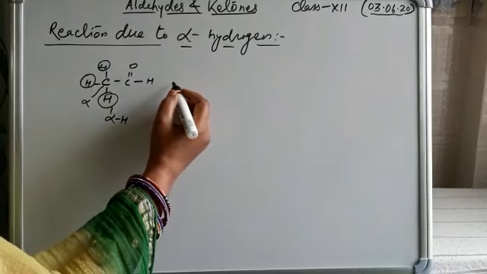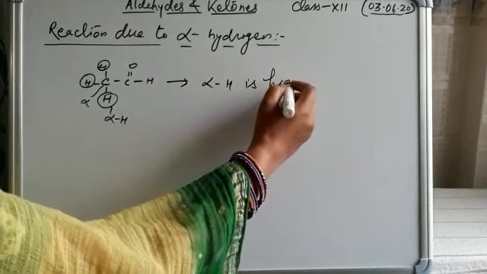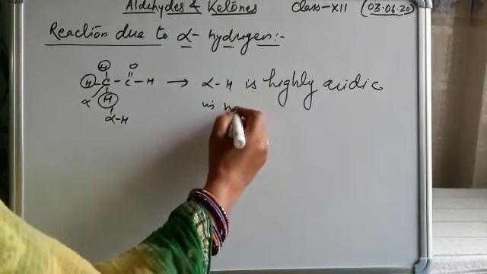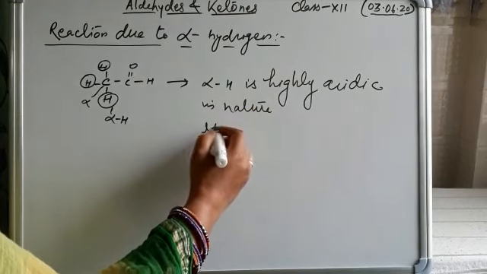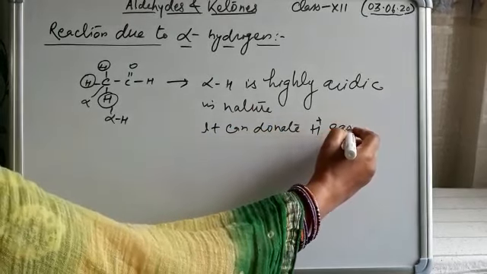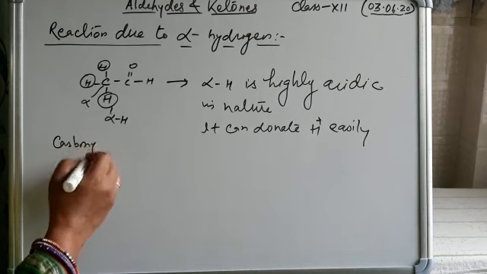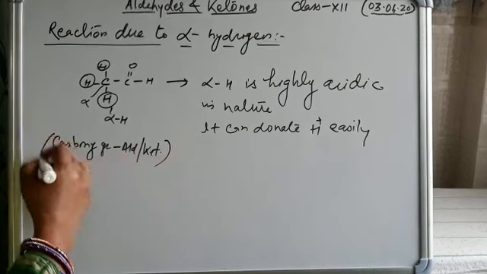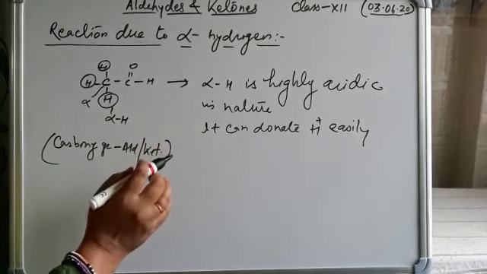At first, we know alpha hydrogen is highly acidic in nature, and it can easily donate H plus ion. The carbonyl group may be aldehyde or ketone. So the nature of alpha hydrogen is highly acidic, and it can easily donate H plus ion.